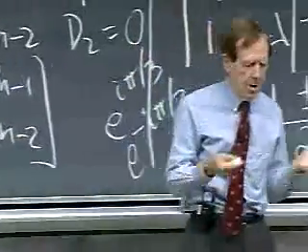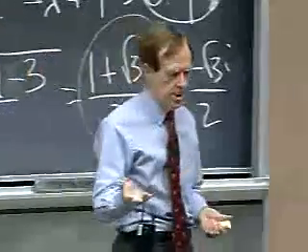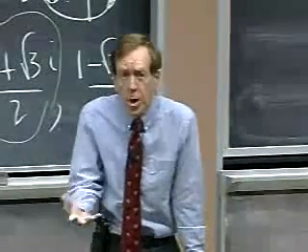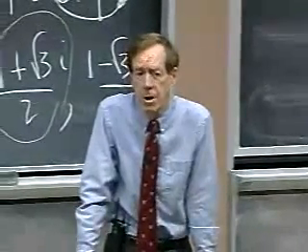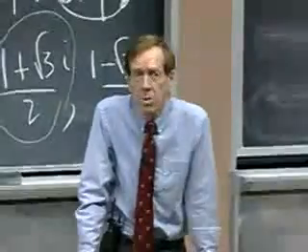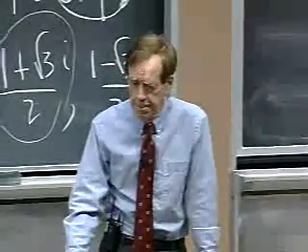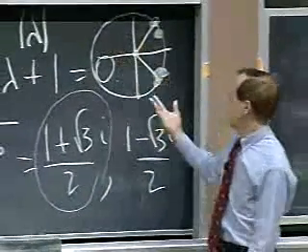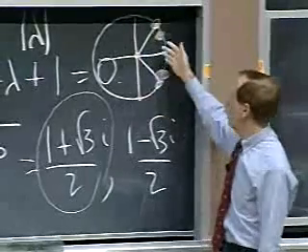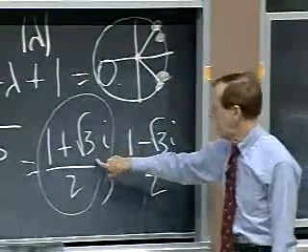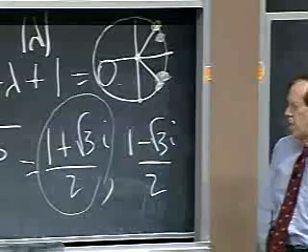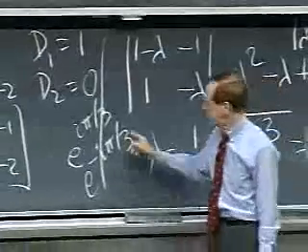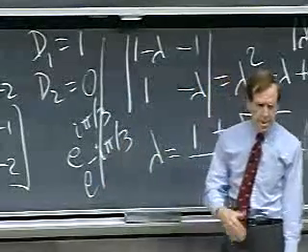Well, what matrix is connected with lambda 1 to the 6th and lambda 2 to the 6th? It's got to be the matrix A to the 6th. So what is A to the 6th for that matrix? It's got eigenvalues 1 and 1, because the 6th power of this is e to the 2 pi I, that's 1, and the 6th power of this is e to the minus 2 pi I, that's 1.